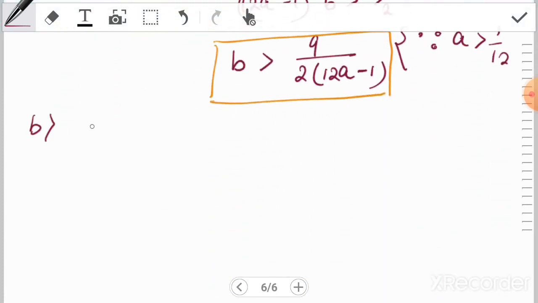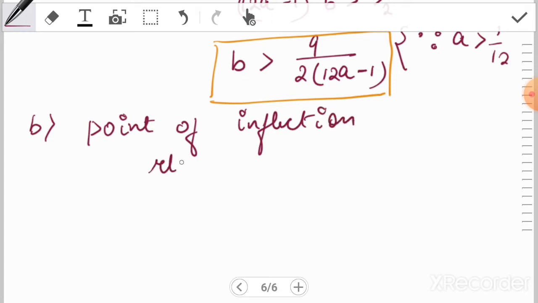So for point of inflection, we have rt minus s square less than 0.